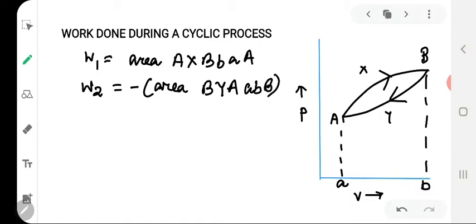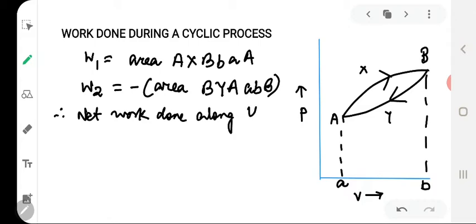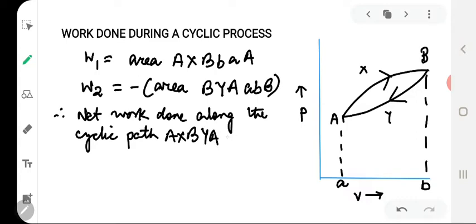During the compression of the gas, work is done on the system, which according to sign convention has been taken as negative. Therefore, net amount of work done along the cyclic path AXBYA, that should be equal to W, that is W1 plus W2.